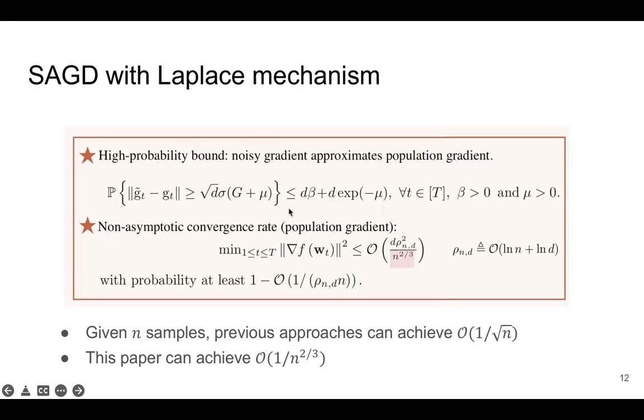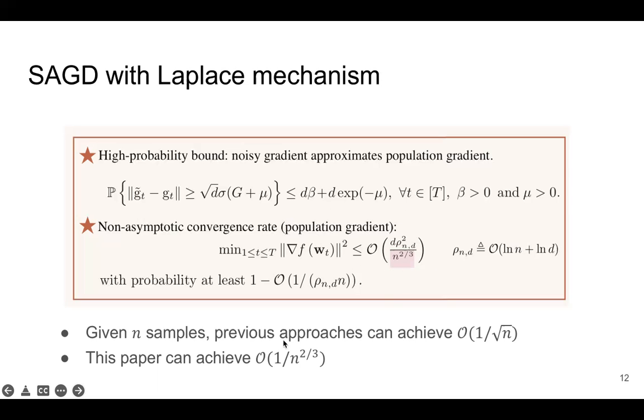which can better analyze the convergence to the population stationary point, they prove a non-asymptotic convergence rate for the population gradient like this one by optimizing these parameters, and they show the population gradient is smaller than this level. What does this mean?